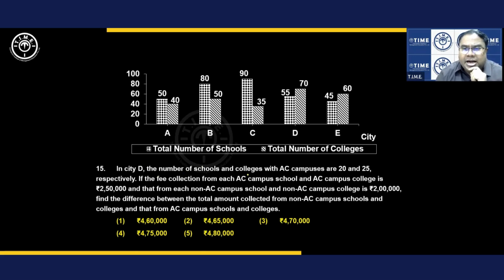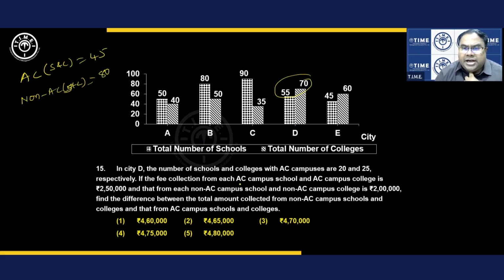In city D, number of schools and colleges with AC campuses. AC schools and colleges, 45. Then in city C, D is talking about 125. So non-AC schools and colleges, 125 minus 45, it is 80.